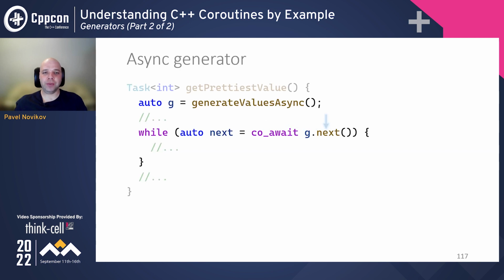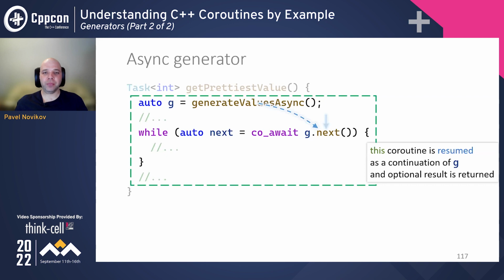At some point, the control will get back from our generator to this coroutine that is currently suspended. And at this point, this coroutine is resumed. The co-await expression results in an optional which may contain the result, the next value.